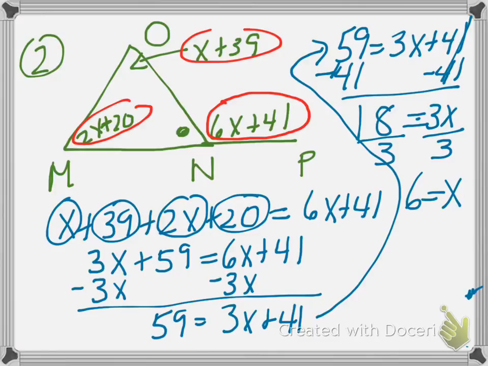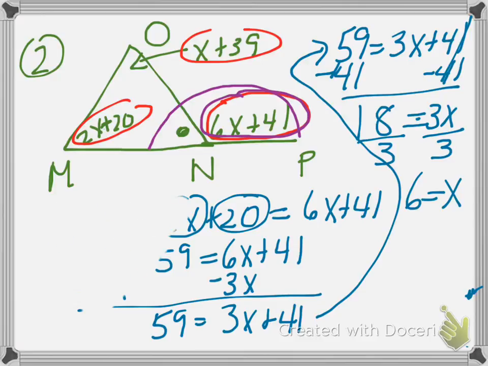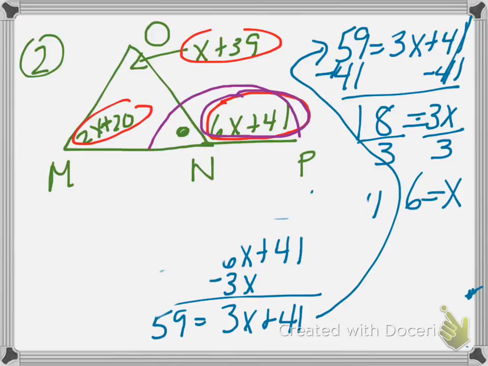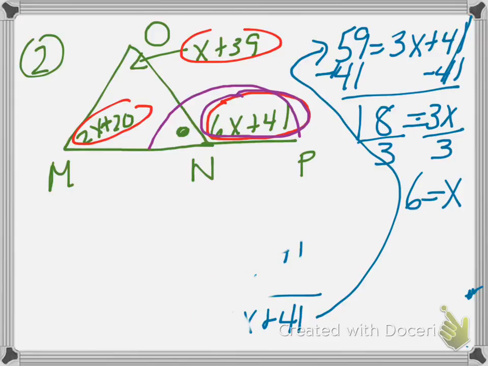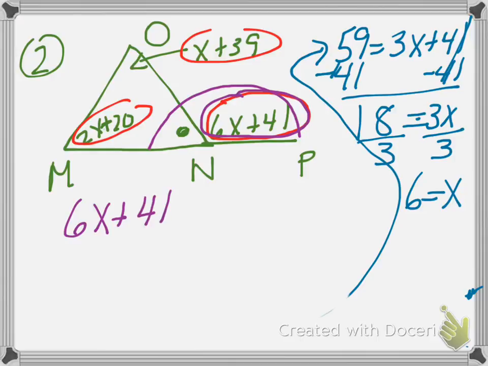Okay, but that's not the question, because we have to find the angle MNO. I think the easiest way to do this would probably be to figure out what this angle is, and then you know together these two angles have to equal 180. Okay, so let me make some room here. If we have an angle 6x plus 41, and we know that x is 6, we could just replace the x with 6.